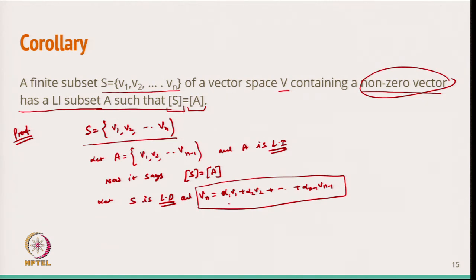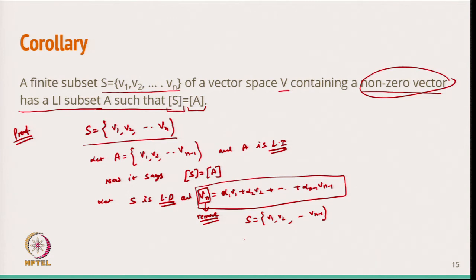Now, Vn is a linear combination of these, so I can remove this vector, because it is already a linear combination of the others. Then the remaining set is V1, V2 up to Vn minus 1.